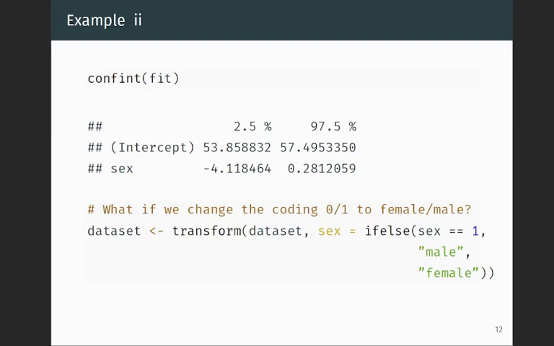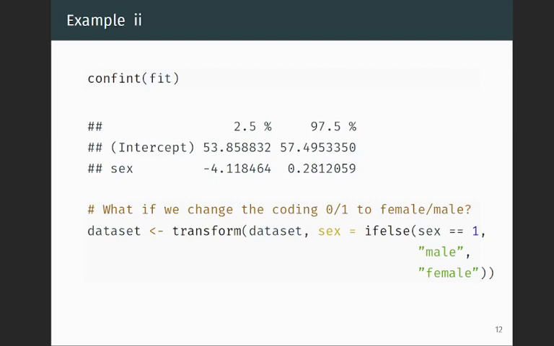Okay, now sex was coded 0, 1, but just to show you the flexibility of the lm function, let's look at what happens if we change the coding 0, 1 to something that you may see in a data set, namely male and female. So here I'm just transforming the data set. I'm replacing sex by this coding using strings.